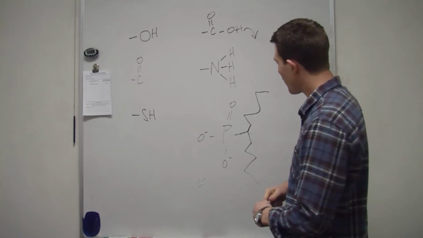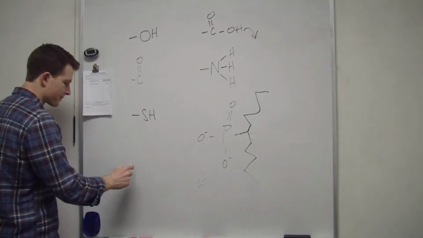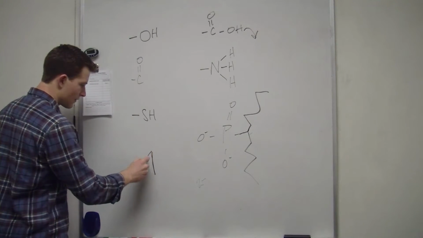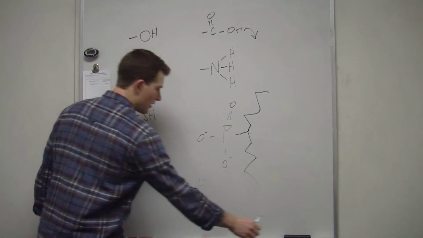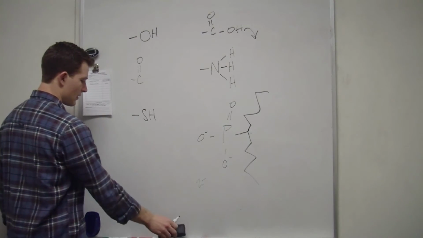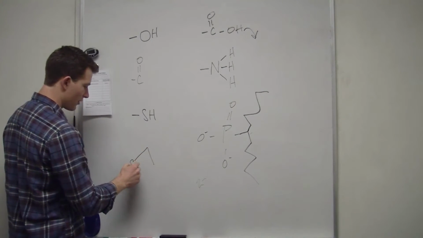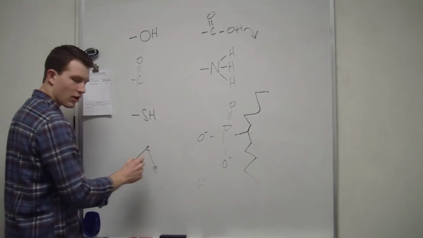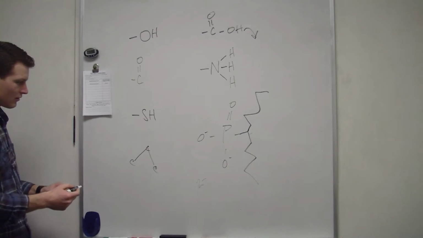And then the easiest of them all, and actually, it is the only non-polar one, methyl, right? So it's like this right here. So are you familiar with this? This is a carbon, this is a carbon. No, I'm assuming that there are hydrogens attached to all of them.